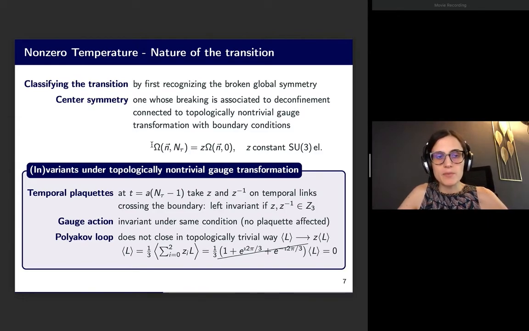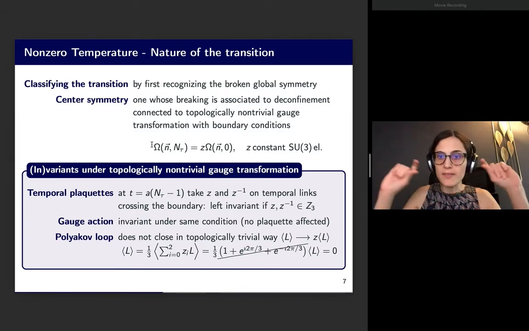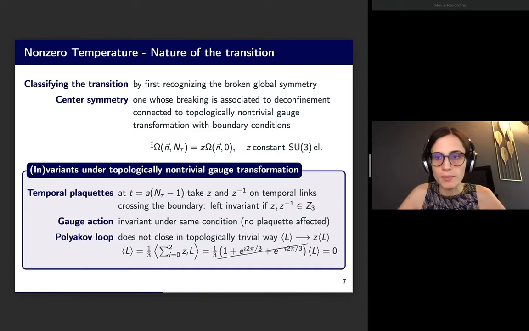One thing that comes to mind is that if this is a boundary condition, then the plaquettes that are living close to the boundary, which are part of the plaquettes that we sum up in the gauge action, might be affected. So let's see if that is true and what conditions should the z fulfill in order for these plaquettes to be left invariant and the gauge action to be left invariant as a consequence.